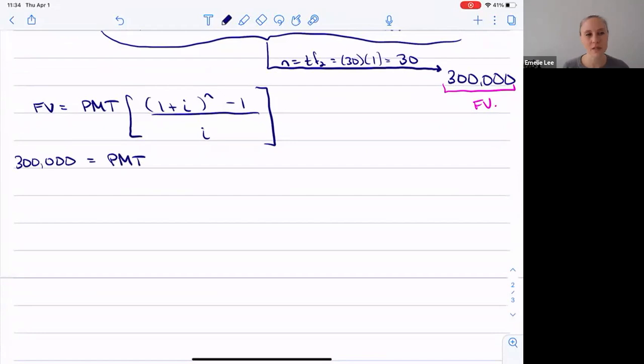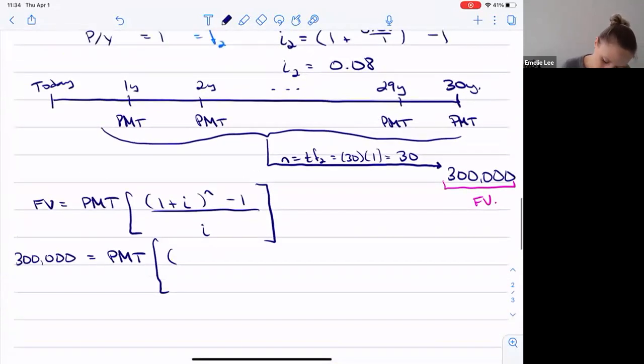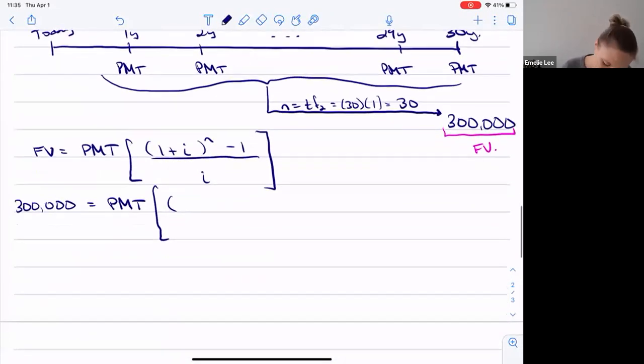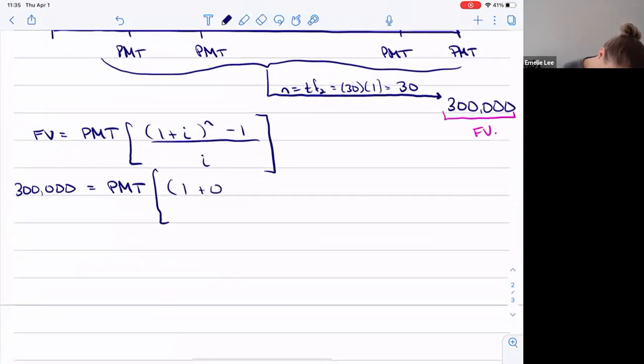The payment amount is what we're solving for. And now I can plug in everything that I have, right? I is I2, which is 0.08. So I have 1 plus 0.08 to the power of 30, then minus 1, over 0.08.